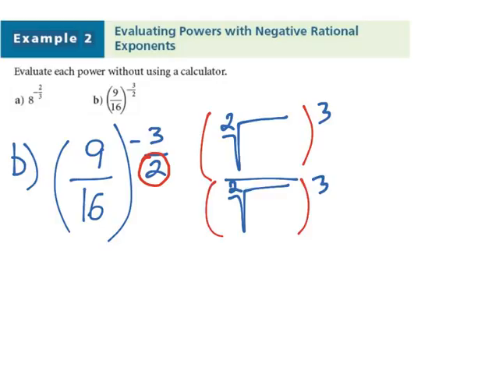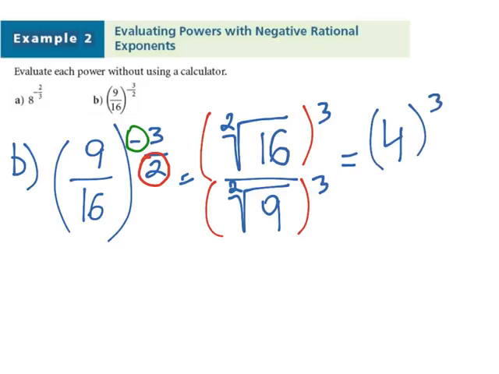And the negative means that they will be reciprocal. So that means if 9 was on top, 9 will now be on the bottom. And since 16 was on the bottom, on the denominator, now it will be on the top. And now we can simplify it. Square root of 16 is 4. Now we still have the power of 3.